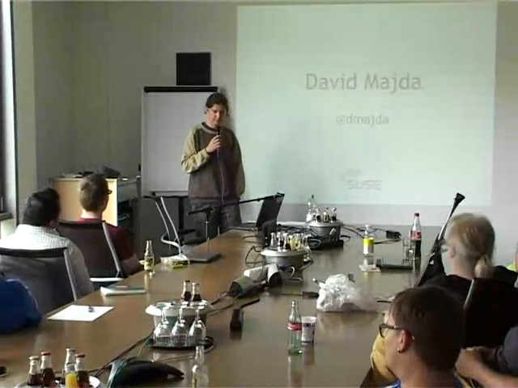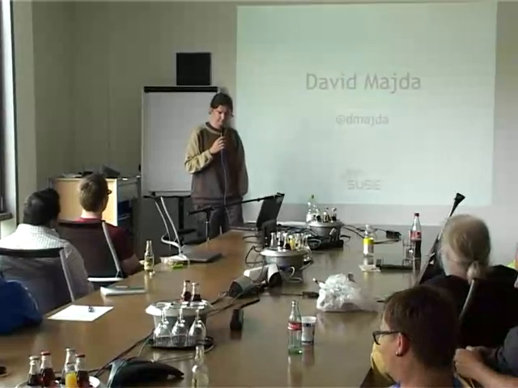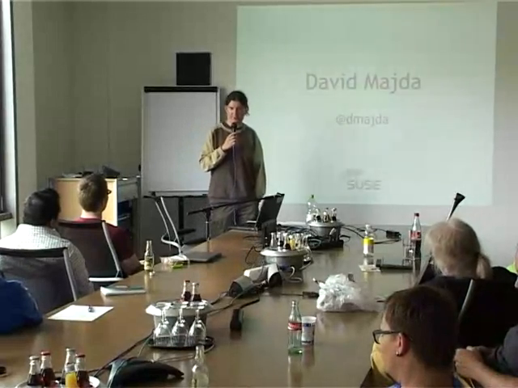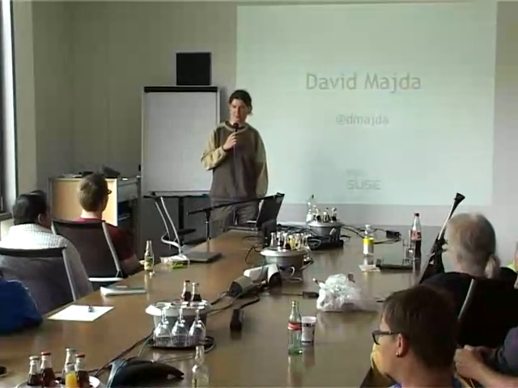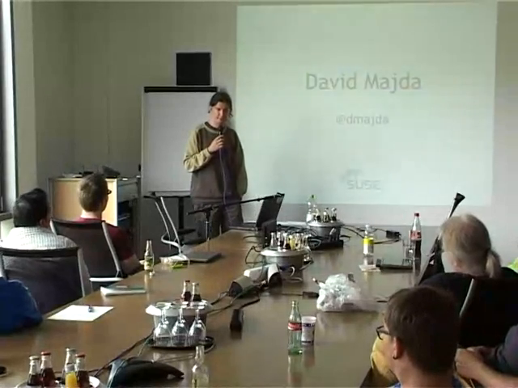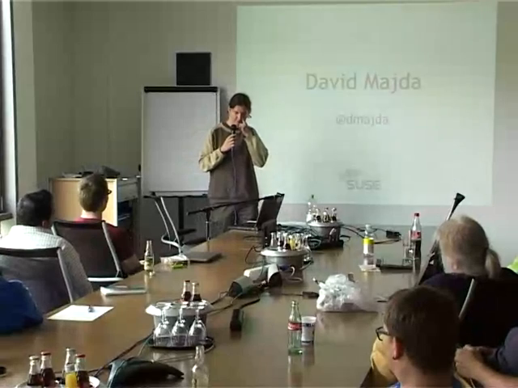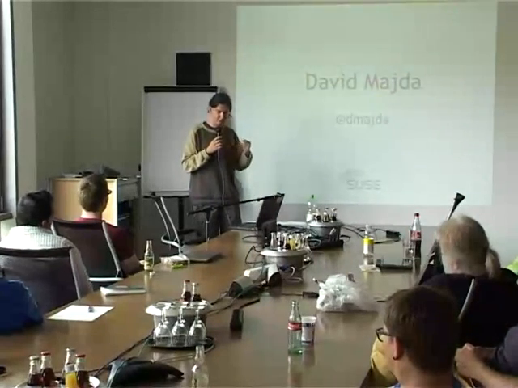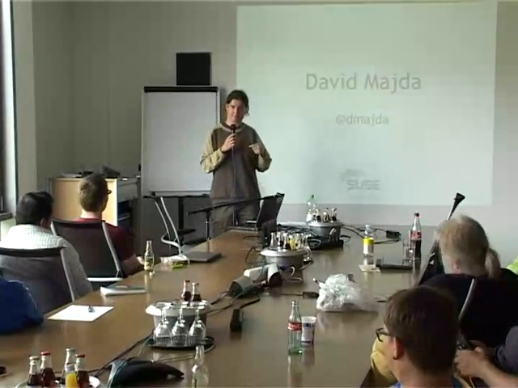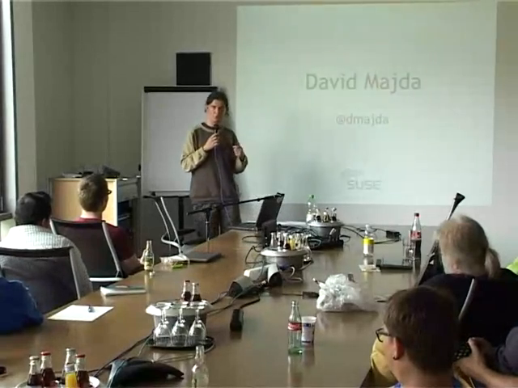DHH is the creator of the Rails framework, and he had a talk where he kind of bashed TDD, and his points were that he basically mostly attacked the claim that TDD improves the design of your code.